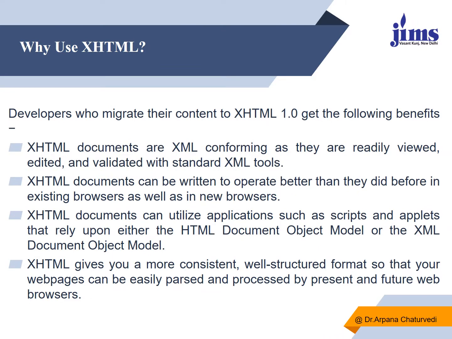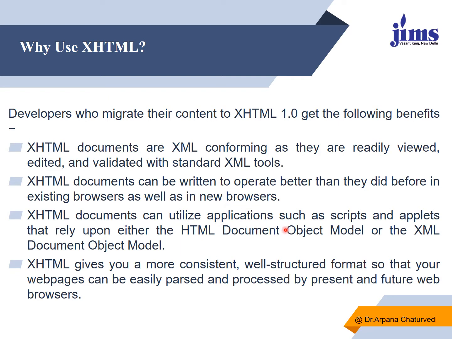So we use XHTML because developers who migrate their content to XHTML 1.0 have the following benefits. XHTML documents are XML conforming, as they are readily viewed, edited and validated with the help of XML tools. These documents can be written to operate better than they did before in existing browsers as well as in new browsers.